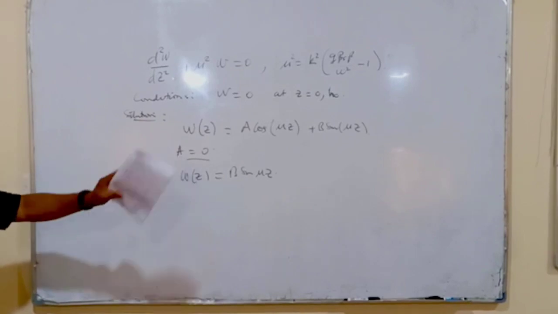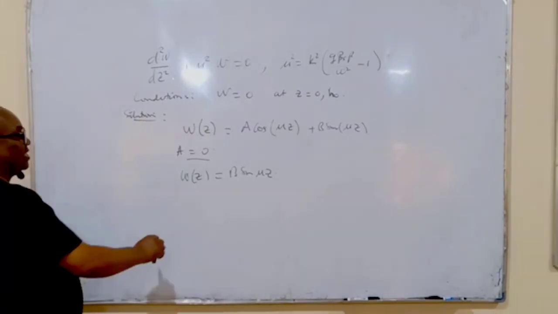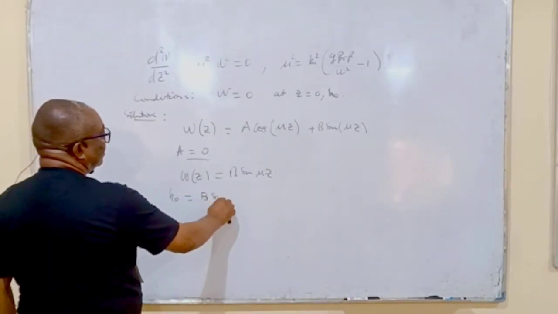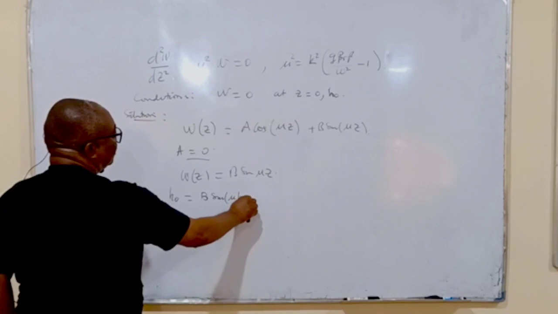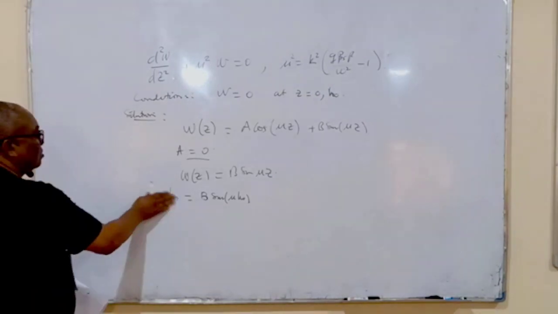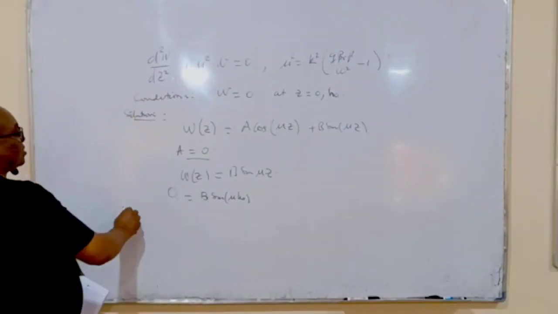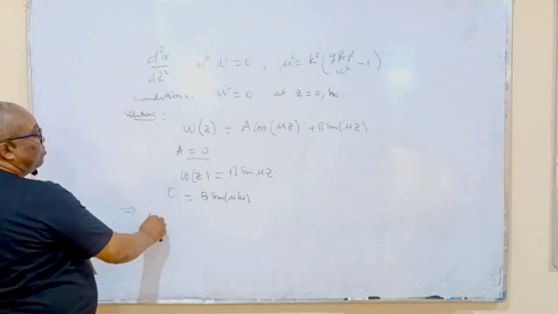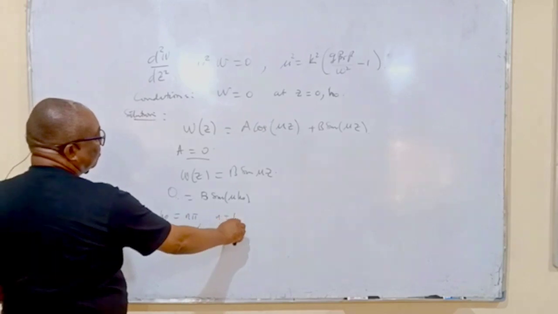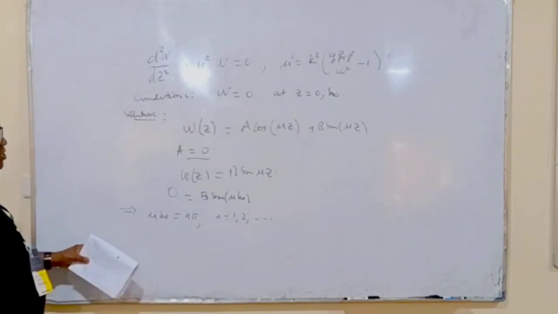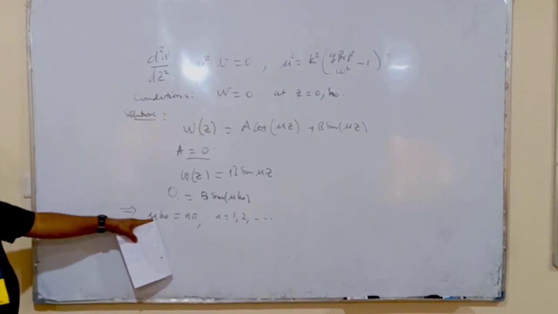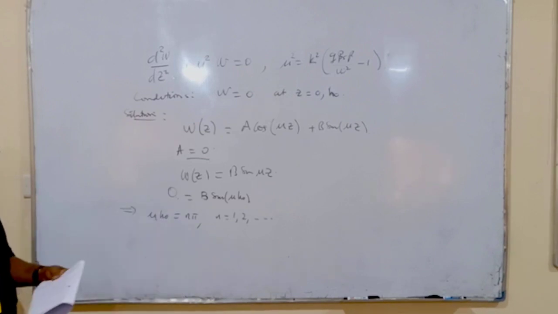Now the second condition tells you that at h0 you have b sine mu h0, which is also 0. This implies that mu h0 will be equal to n pi, where n is 1, 2, and so on. So mu will be equal to n pi over h0, is it not?